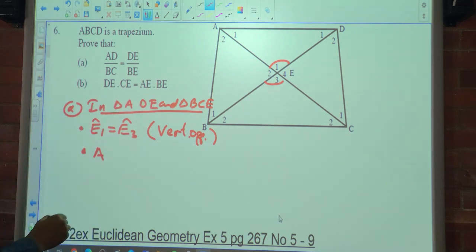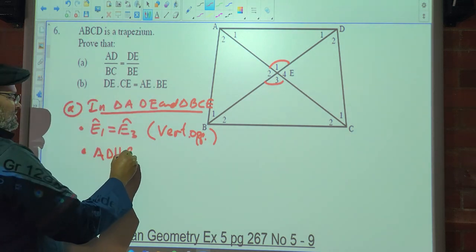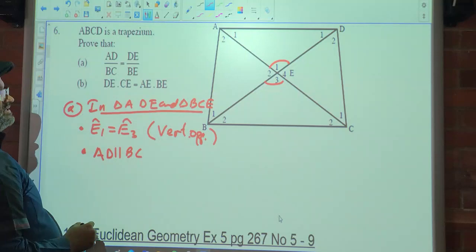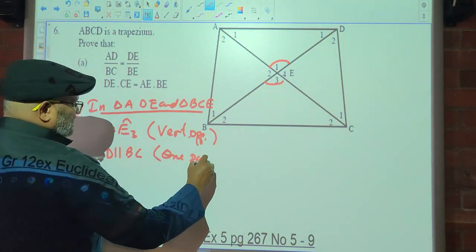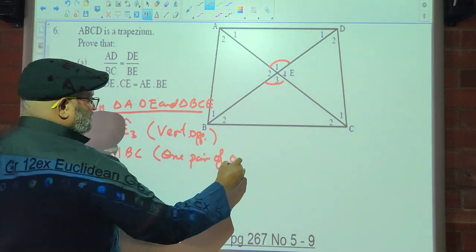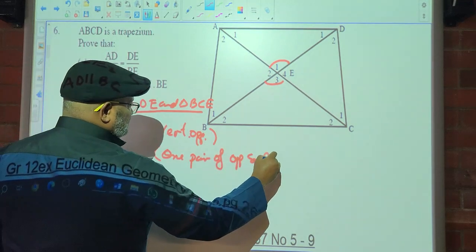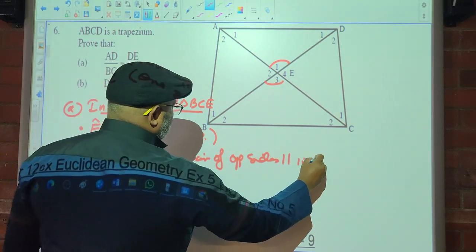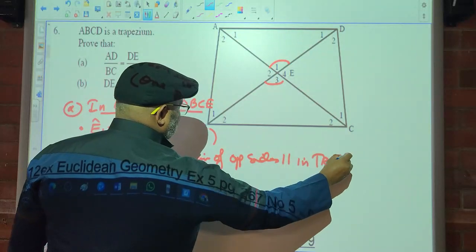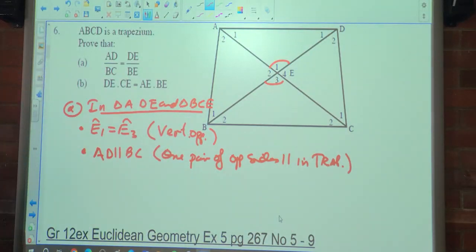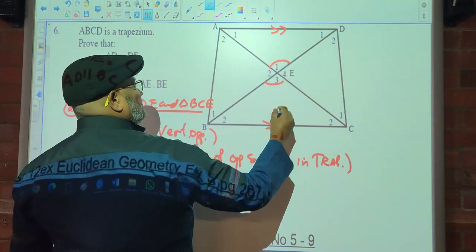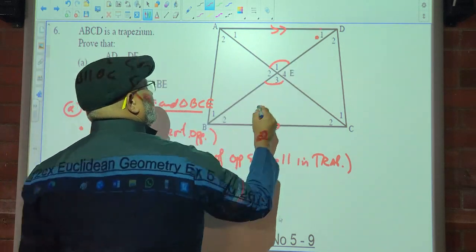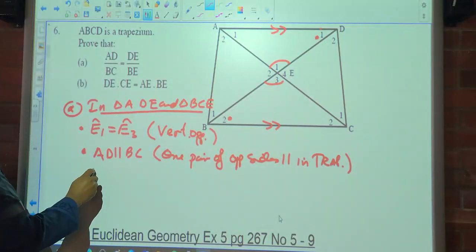So I must first say AD is parallel to BC. Why? Because one pair of opposite sides is parallel in a trapezium. That line is parallel to this line. So with that, D1 is equal to angle B2.